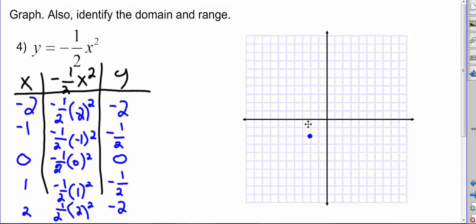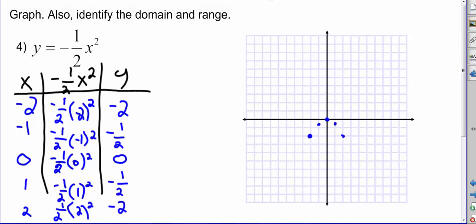You guys aren't sitting here to catch me on my mistakes. Got to catch my own. Then we're going to have -1, -1/2. So that's going to be kind of like there. And then let's do 0, 0. I think you guys kind of get the picture of what our graph looks like.